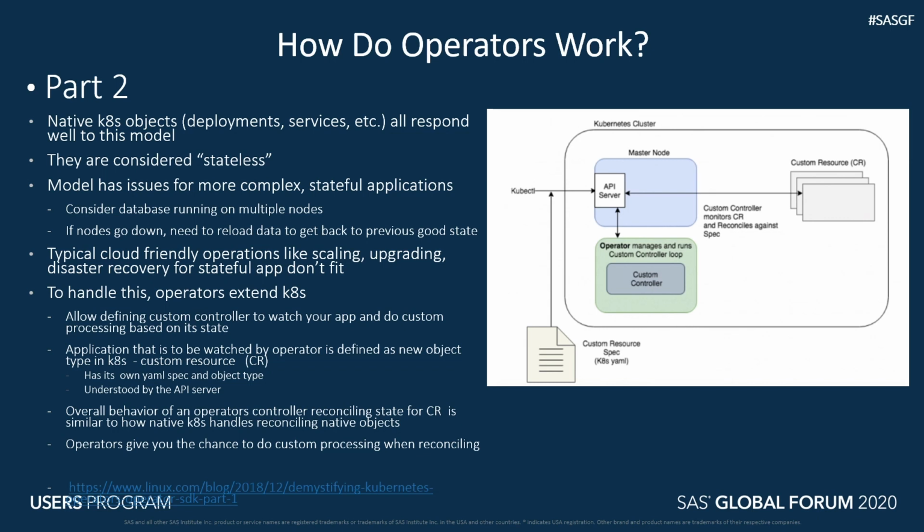So the typical cloud-friendly operations like scaling, upgrading, and disaster recovery for these kinds of stateful apps don't fit out of the box. To handle this, we write operators to extend Kubernetes to allow defining a custom controller to watch your app and do custom processing. The application to be watched by the operator is defined as a new object type in Kubernetes, a custom resource. So we hear the terms custom resource and custom resource definition, which are essentially your custom objects in Kubernetes.